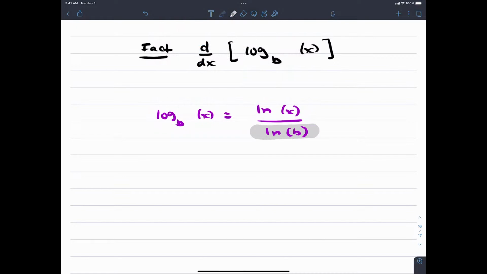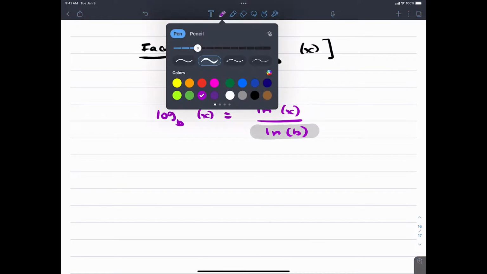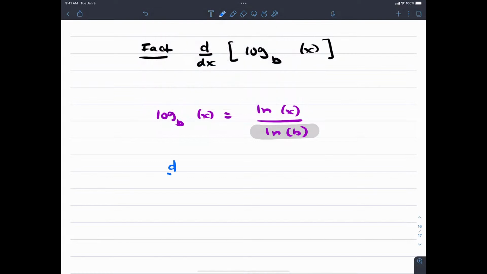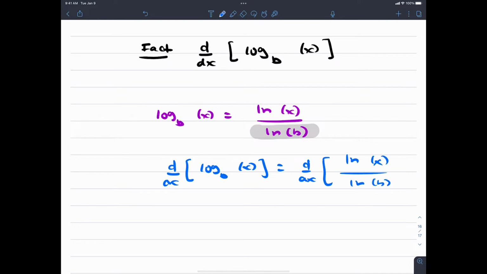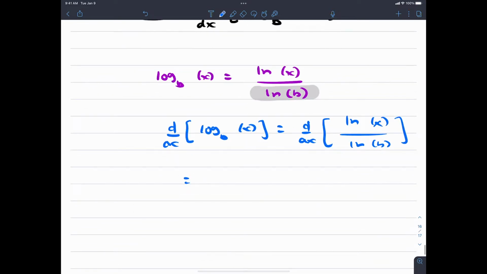Okay? So if you said to me, well, what's the derivative in general here? Well, let's see. If I differentiate log b of x, isn't that the derivative of ln x over that constant, ln b? And what do you do with the constant? We get to pull it out, right? Natural log of b, that's a constant. And then you just differentiate natural log of x.